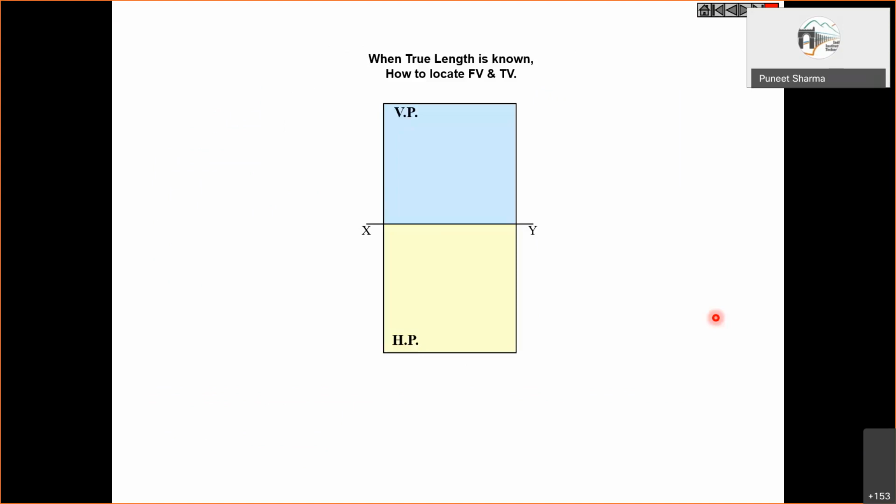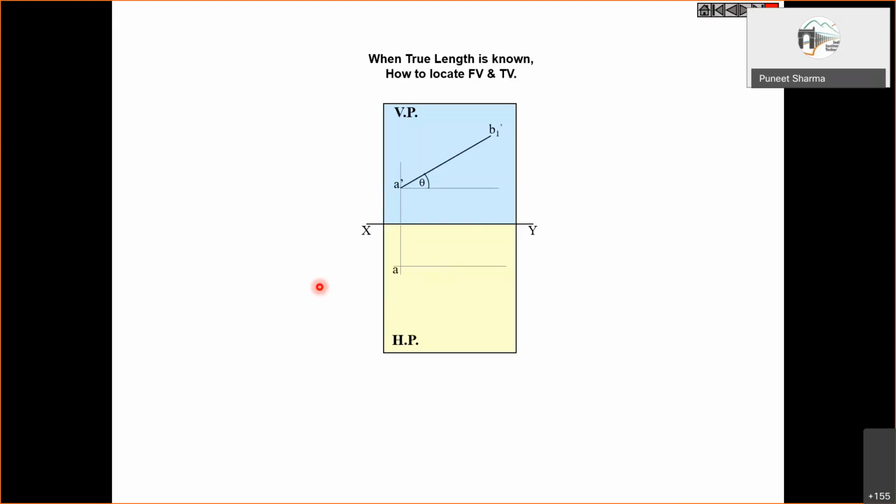First of all, if the location of one endpoint is given, that can be located. So that's what is depicted here. With the given location, you draw A dash and A, right? Thereafter, we have to sequentially assume the line to be parallel to the vertical plane and parallel to the horizontal plane.